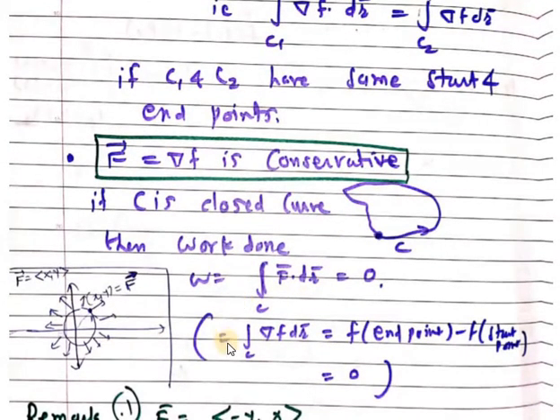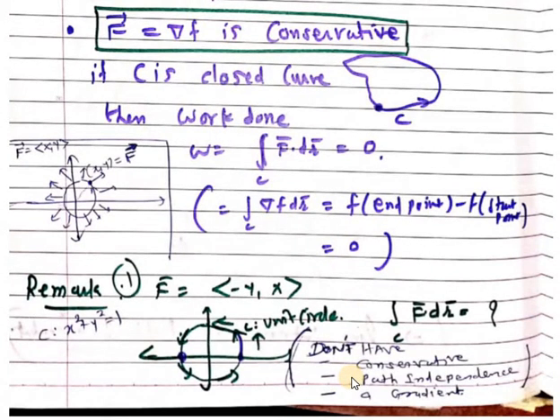You can assume our previous theorem: the integral along C of grad f dot dr depends on the two endpoints, so f of endpoint minus f of starting point. In a closed curve the starting and ending points are the same, so we get the answer 0.